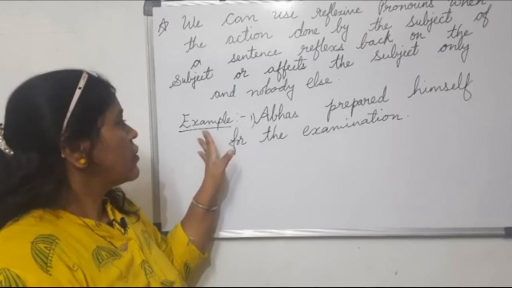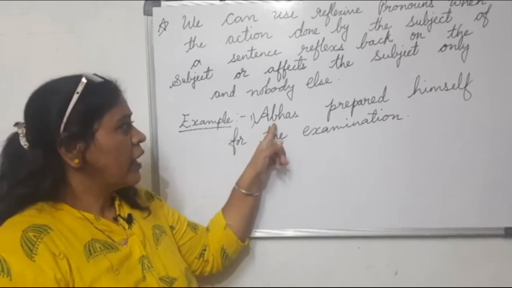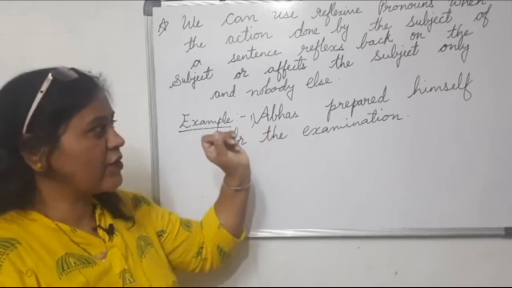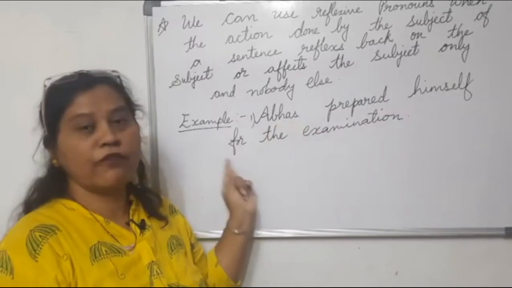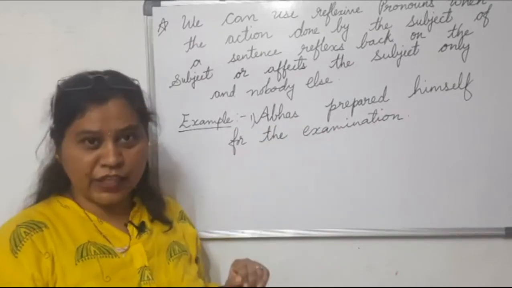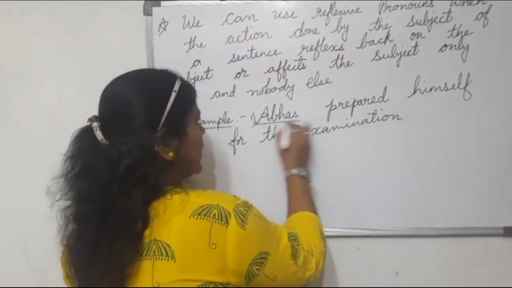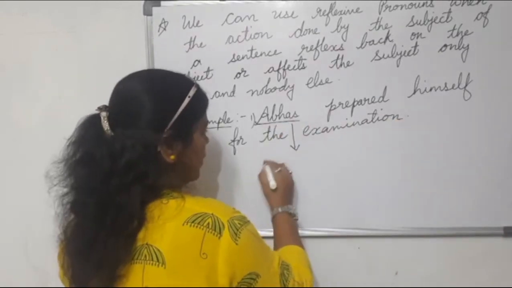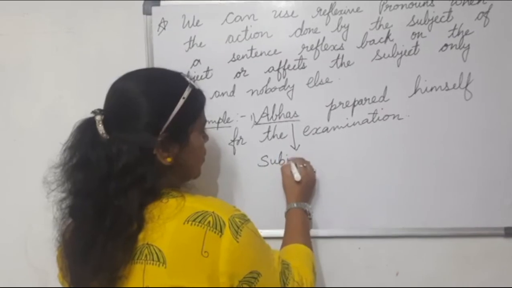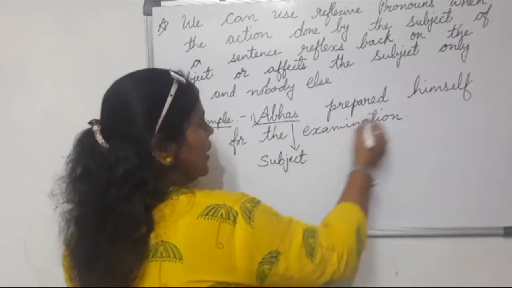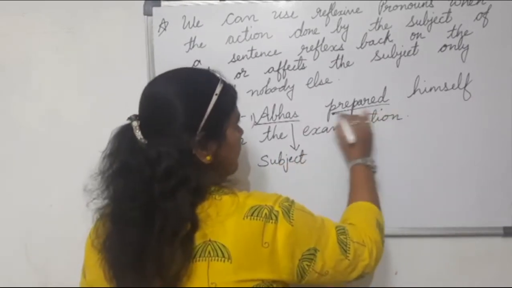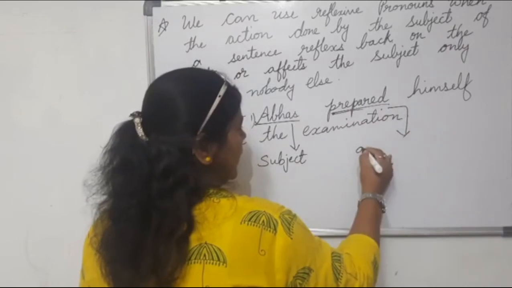With an example we can know more about it. For example, Abhas prepared himself for the examination. Here, my dear friends and students, Abhas is the subject of the sentence, and prepared is the action done by Abhas.